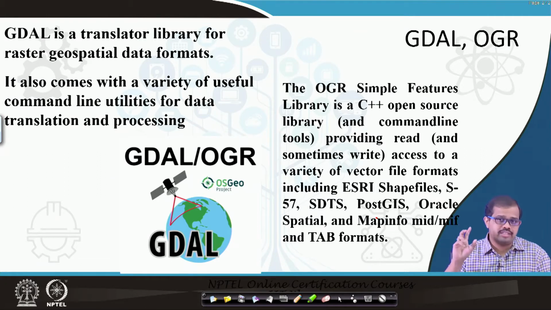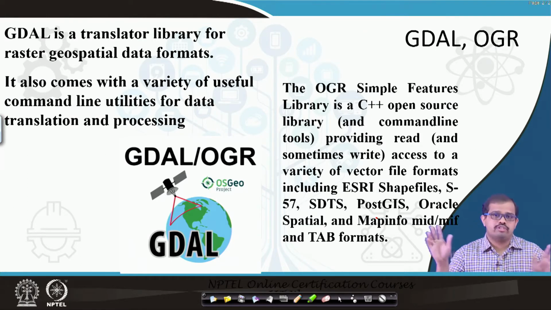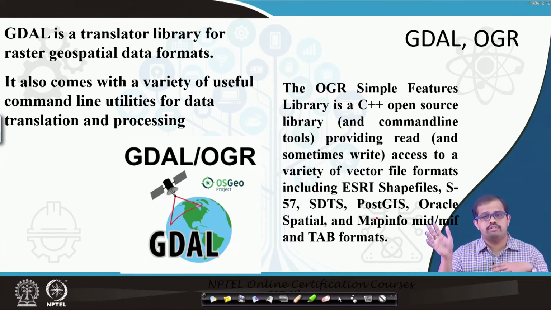When you look at GDAL, take any software, whether you are using ERDAS or any of those very capable raster processing software, the raster library is formed through the GDAL translator itself.